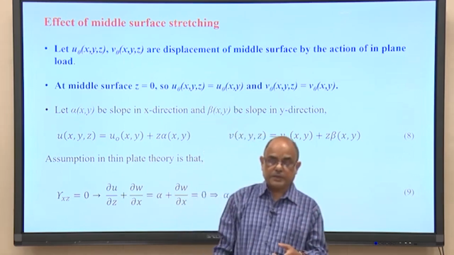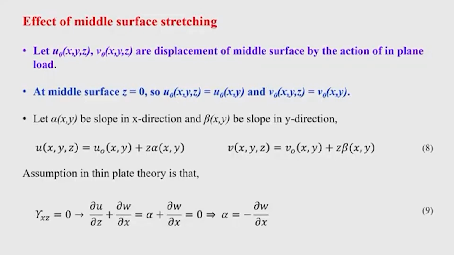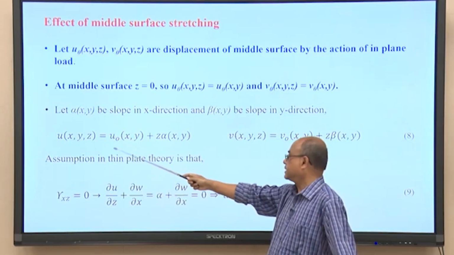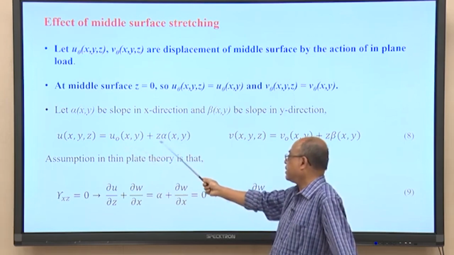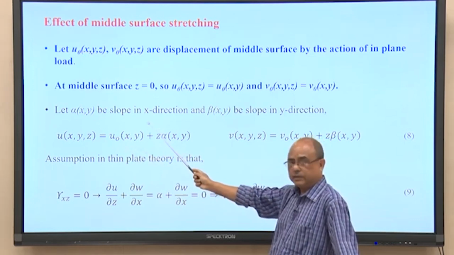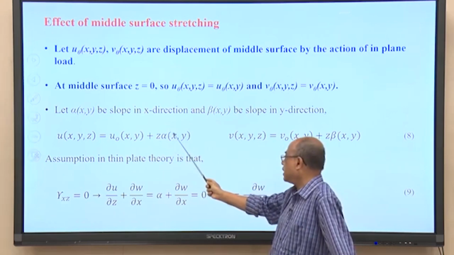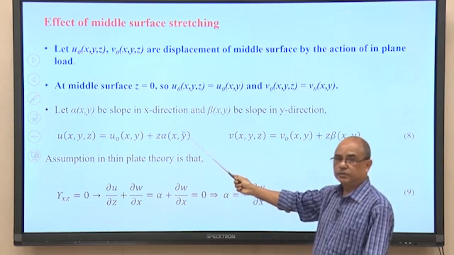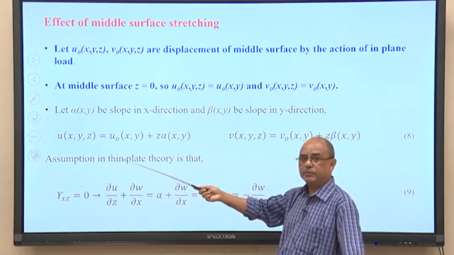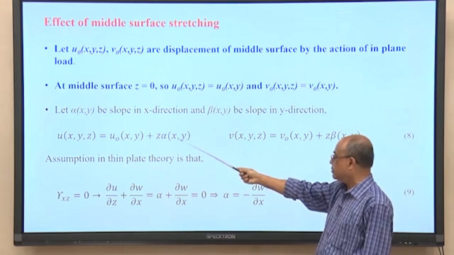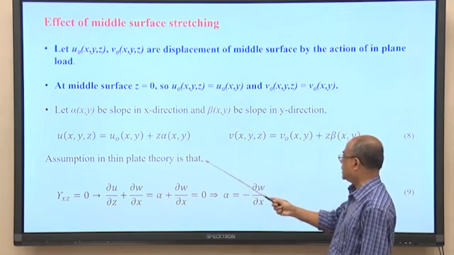Now, you can see here u (x, y, z) will be equal to u naught (x, y), that is the middle surface displacement due to stretching, plus z into alpha (x, y). So, this is your slope in x direction. The slope is again a variable involving two indices, x and y.